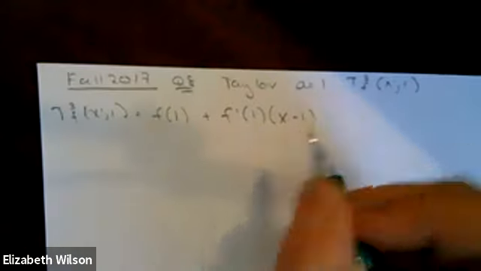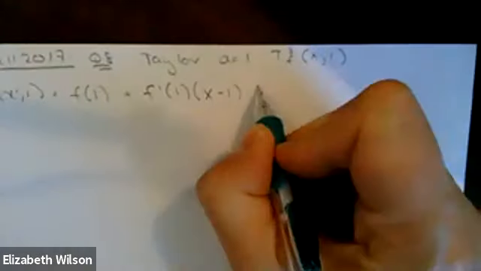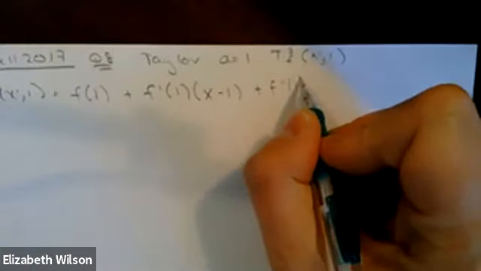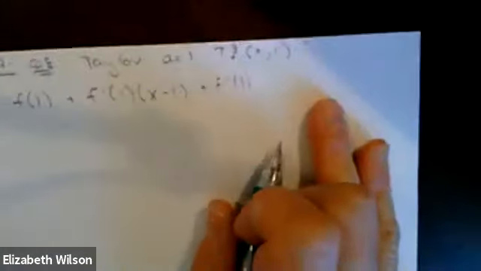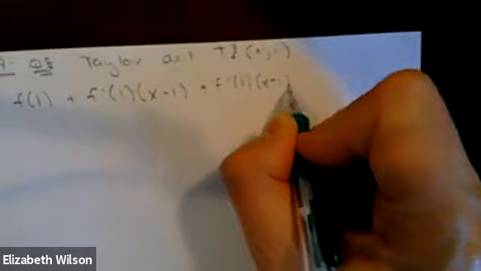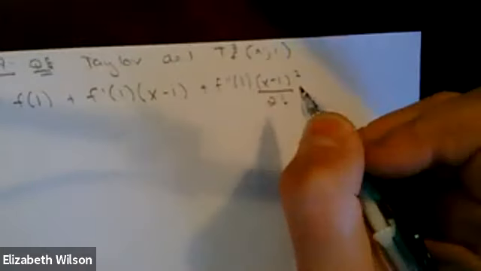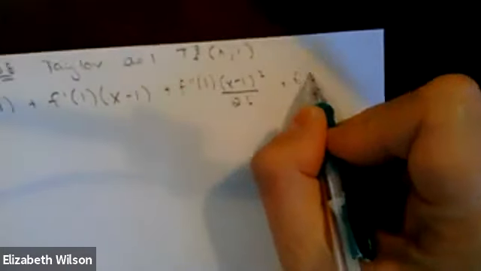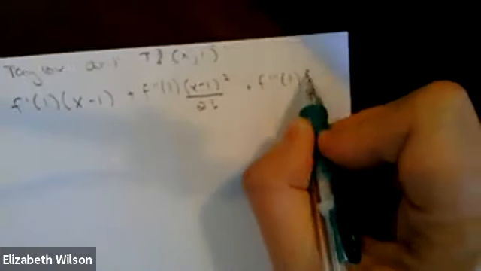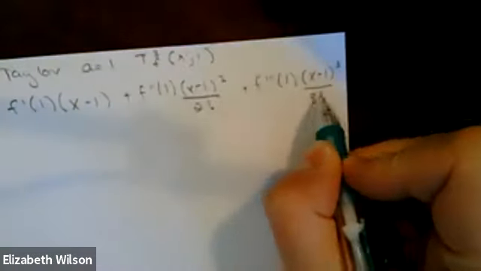So x minus 1 to the first power, plus my second derivative evaluated at 1, times x minus 1 squared all over 2 factorial, plus my third derivative evaluated at 1, x minus 1 to the third power all over 3 factorial.